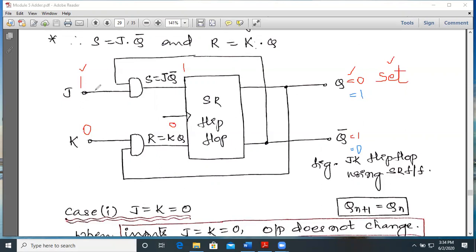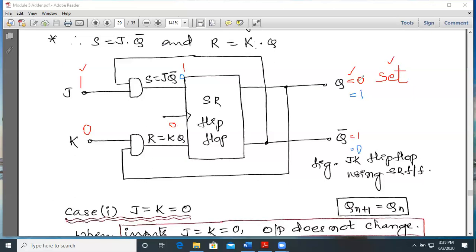So first let us see what will be the input of S. Since Q bar is 0, though J is 1, we are getting S as 0 over here.